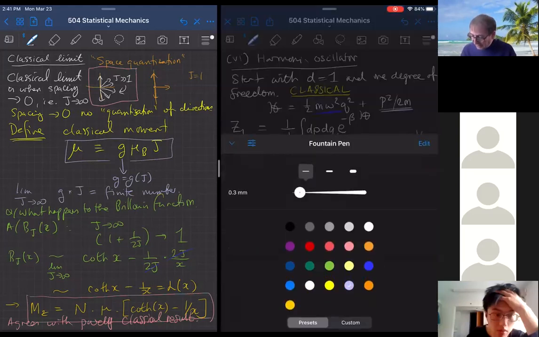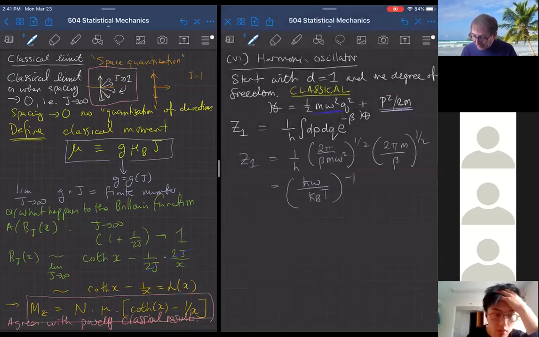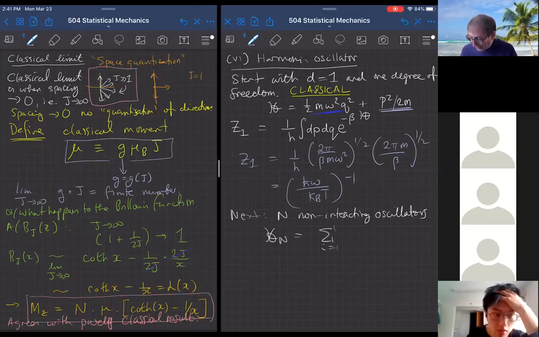Okay, so now let's do n non-interacting oscillators. Now I'm going to write the Hamiltonian as the sum from i equals 1 to n.